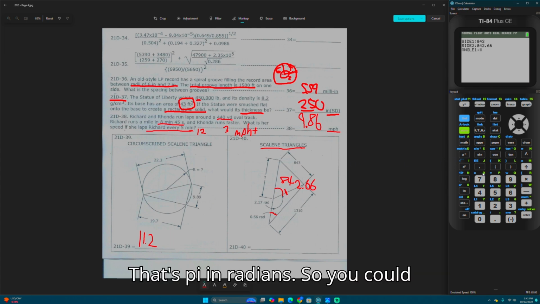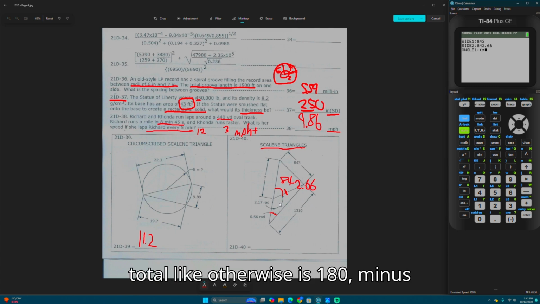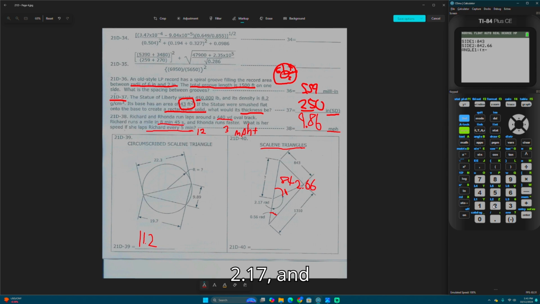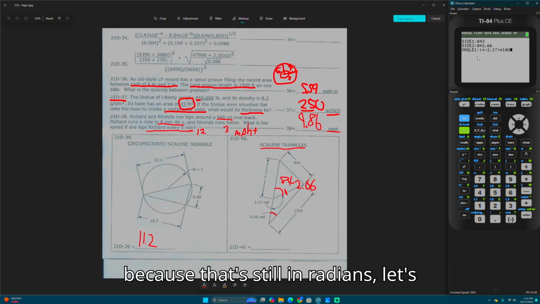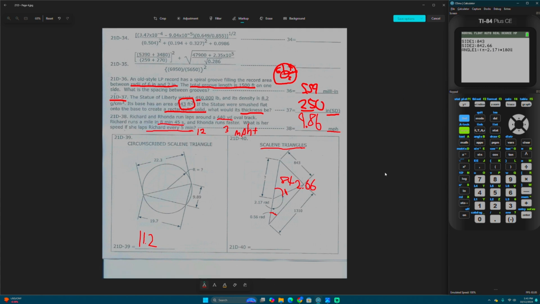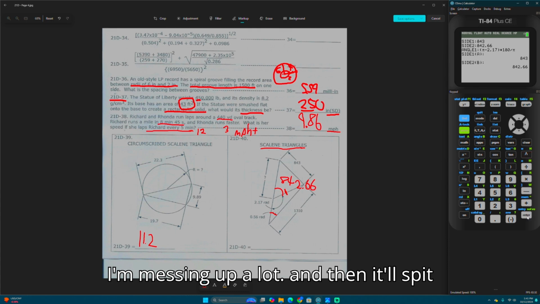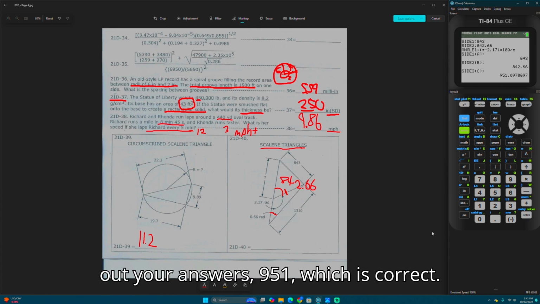So you could solve for it by doing pi, otherwise it's 180, minus 2.17. Let's just figure out how many radians this is, and then multiply by 180 and divide by pi. I'm messing up a lot. And then it'll spit out your answer, 951, which is correct.